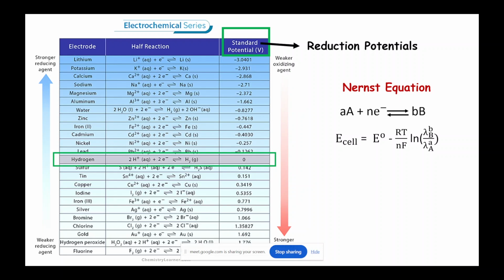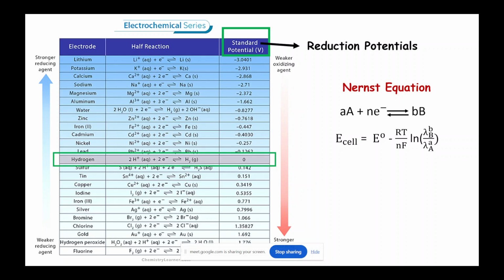If you are okay with this, then go ahead, or in case you want to use oxidation potential values, then it's absolutely fine, there is nothing wrong. But be careful with the values, especially the sign, whether it is positive or negative.